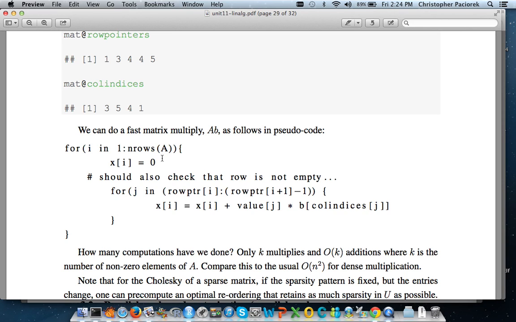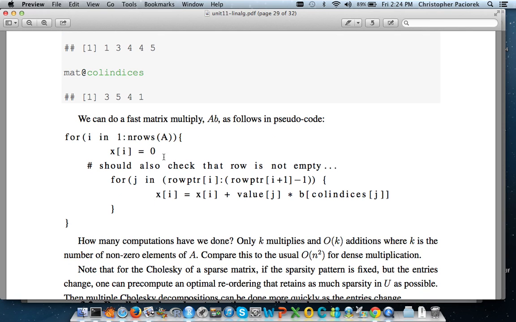That's going to sequentially be the j value, and then I can pull out that j value, and I can also pull out the column index corresponding to that j value, and that will tell me which element of B I'm going to multiply the value by. So this particular way of storing things works out quite nicely in terms of writing the code to do something like a matrix vector multiplication. And you could work out how many operations you would have to do here, and it's going to scale with the number of non-zero elements in the matrix.